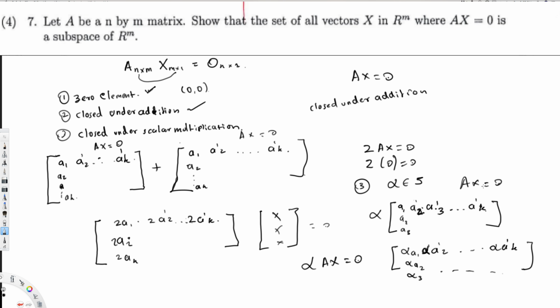Since we have Ax is 0 already, if I substitute 0 for Ax, I will get 0. Therefore this is closed under scalar multiplication.